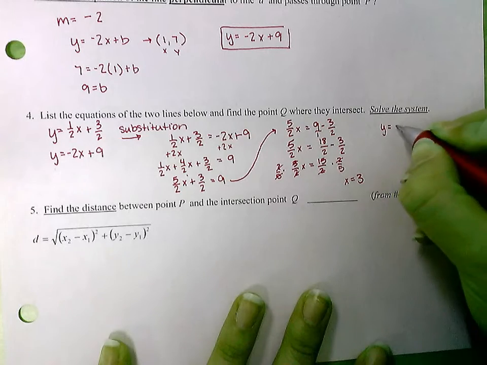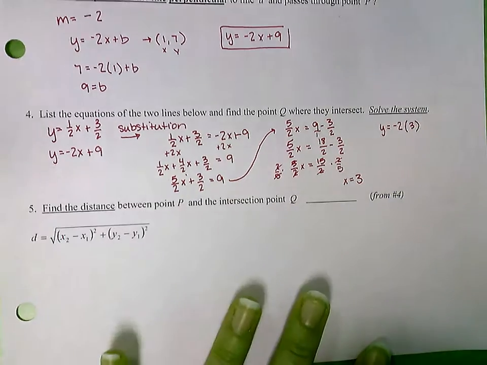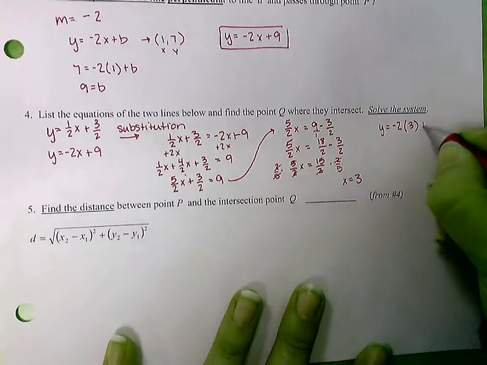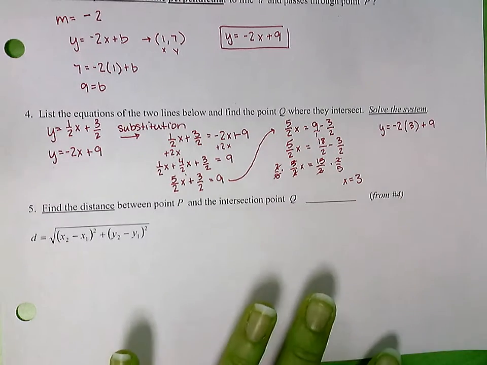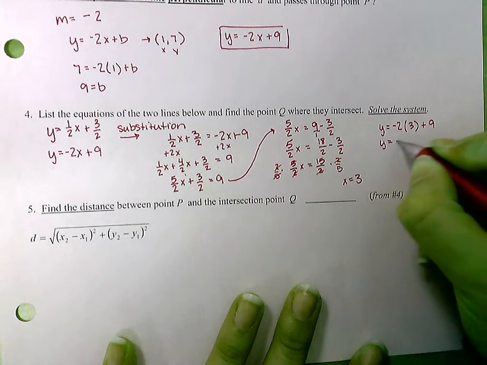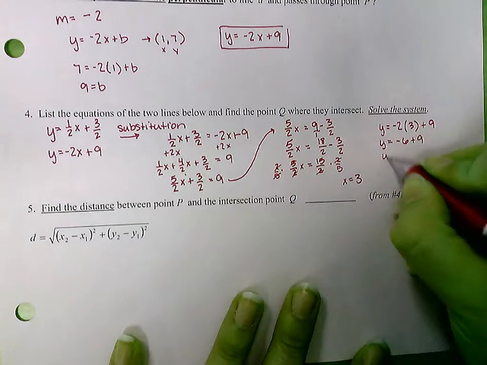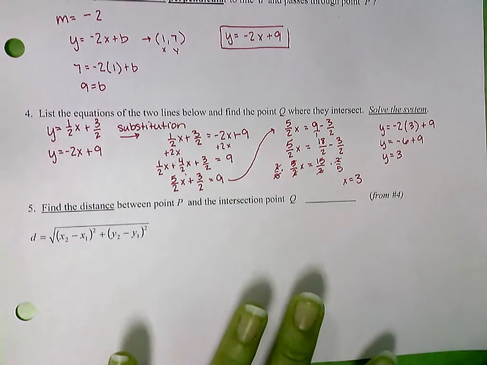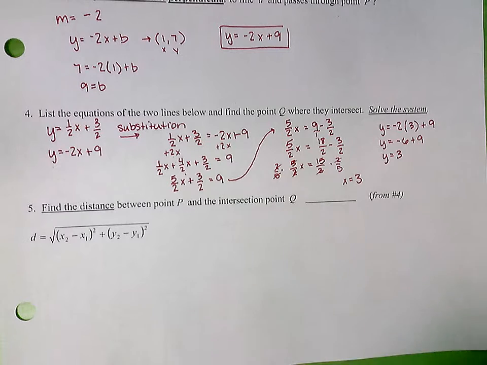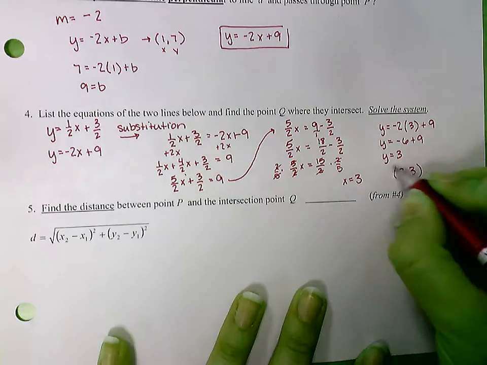So to get y, we'll have negative 2, plug in 3 for x, add 9. So I have y equals negative 6 plus 9, and y will equal 3. So my coordinate point where these two lines intersect is at 3, 3.